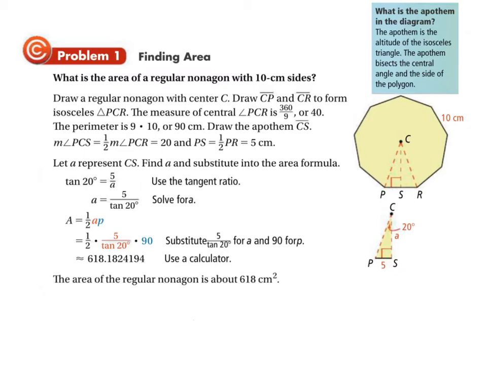And so the area of that regular nonagon is about 618 square centimeters. This is a key feature, let me circle it, that you're going to be using this formula. So that's how you do it. We've got a Got It problem on the next page for you to see if you can apply this.